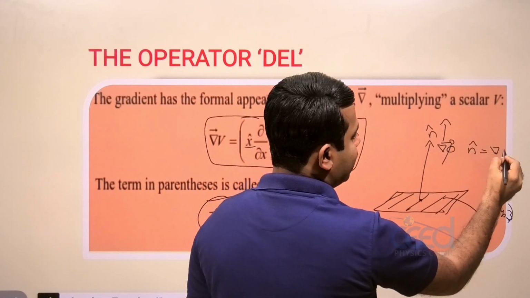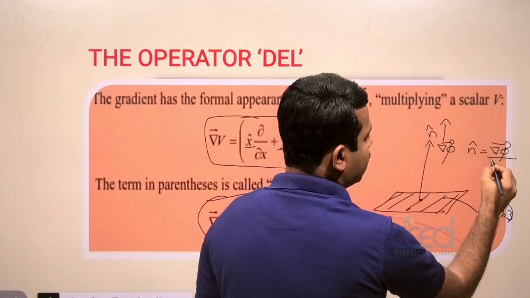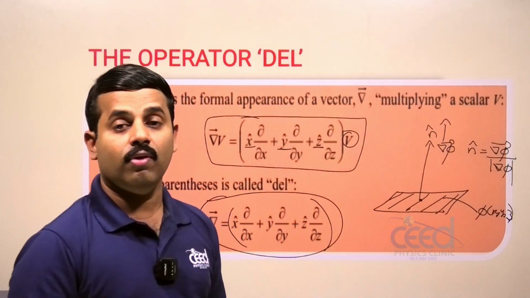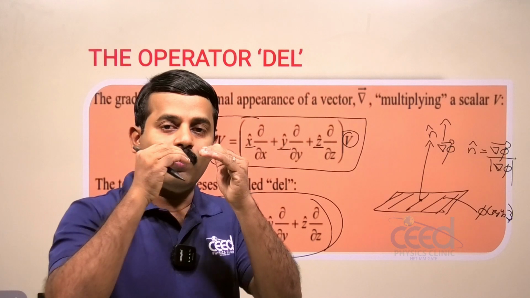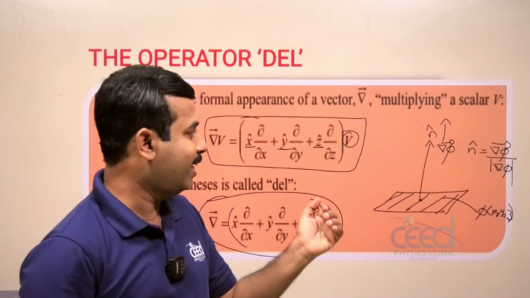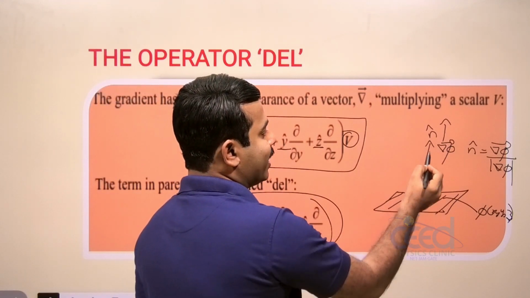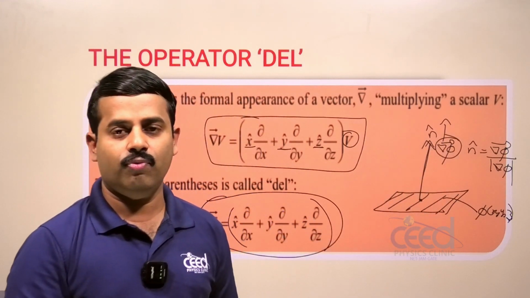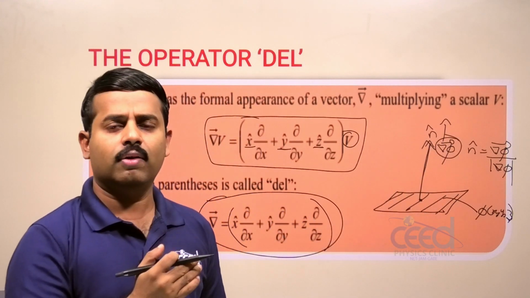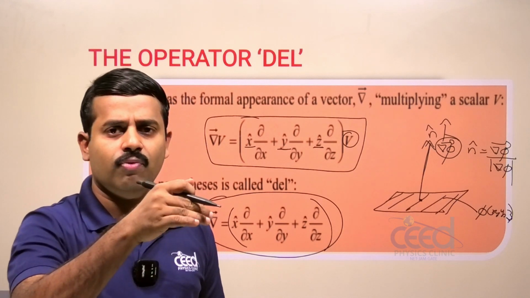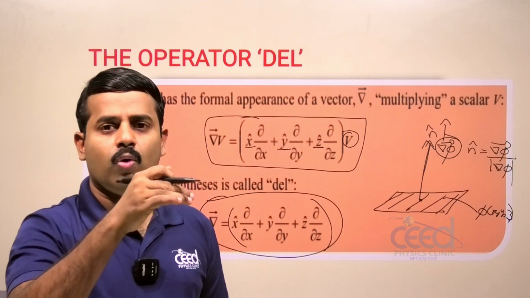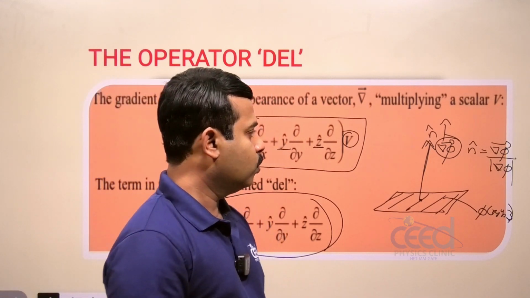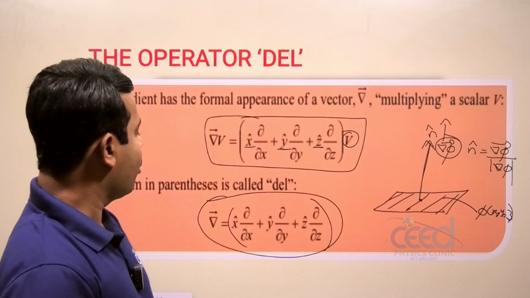That is gradient phi divided by its modulus. Any unit vector is equal to that vector divided by its modulus. Here the normal vector has the direction of gradient phi, so the unit vector along it is gradient phi divided by modulus gradient phi. So that is one equation.